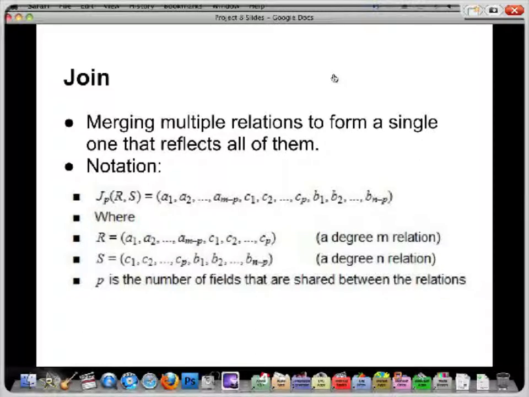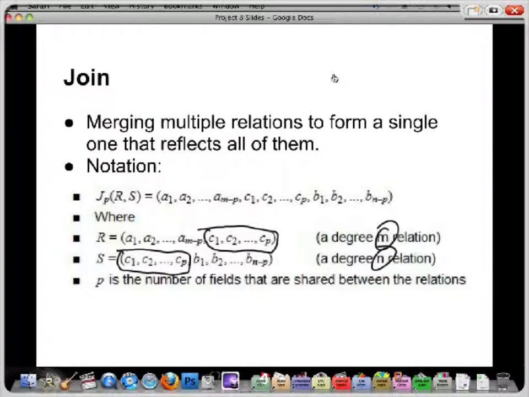Another operation we can apply to relations is the join operation. This is used for merging two relations that share a couple of common elements. So if you have one relation that has m elements, or degree m, and then another one with n elements, but say they share a certain number of elements, you'll notice they both have these elements in them.